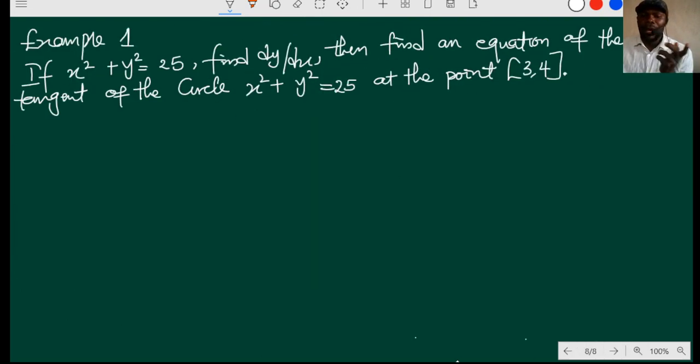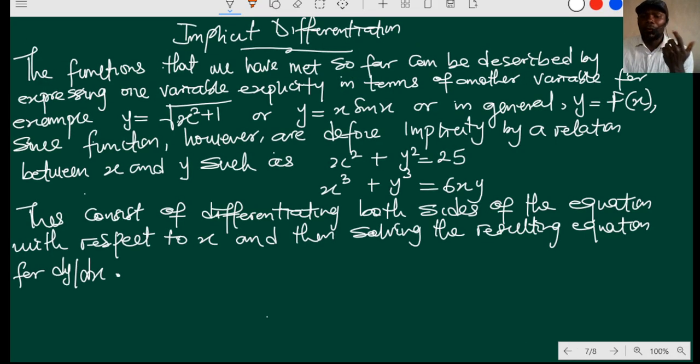Before we go to example 1, let me give the literal meaning of what I have explained about implicit differentiation.